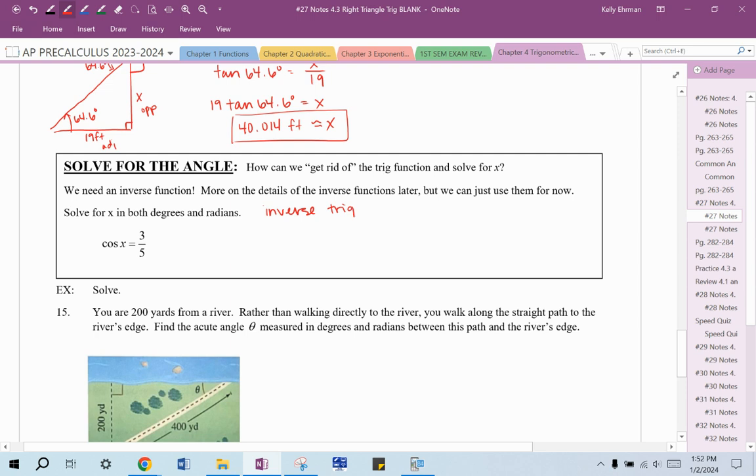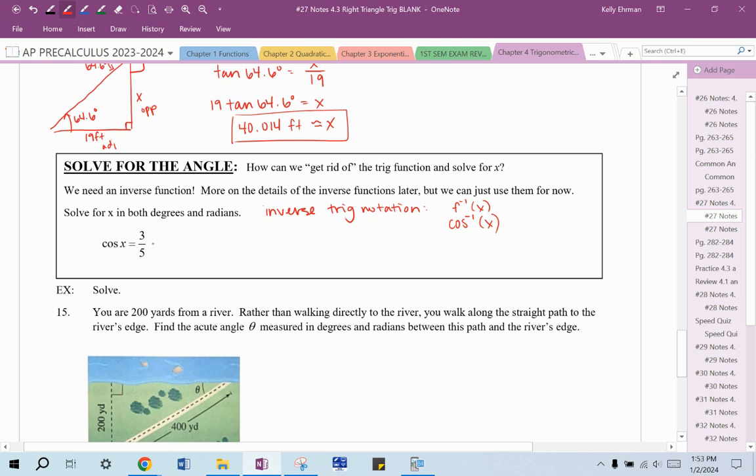Inverse trig notation. If I want to undo cosine, because that's this example, just like I had f inverse of x, I would use cosine inverse of x. Okay, so what do I mean by that?